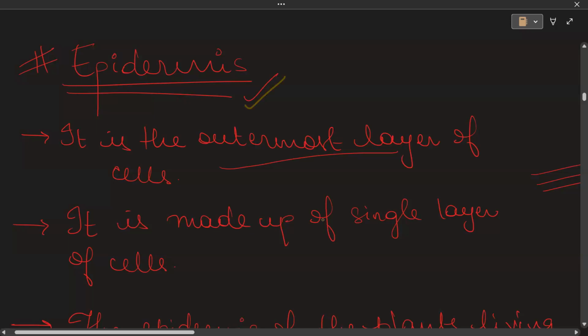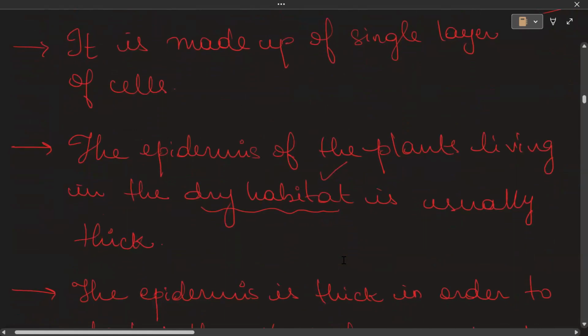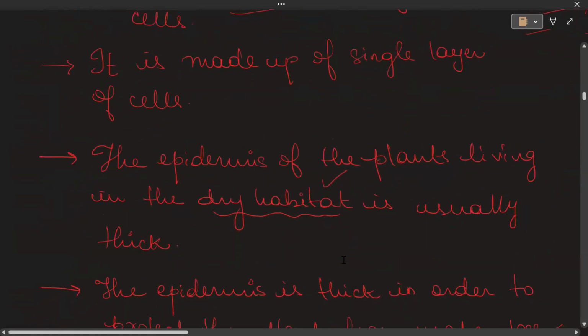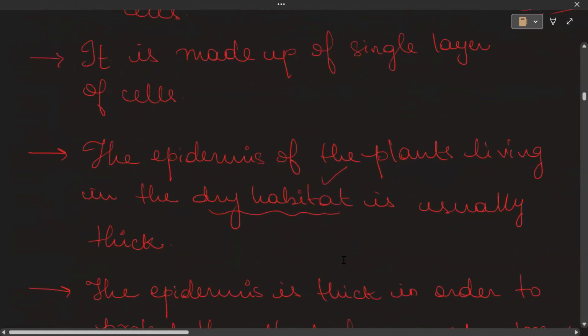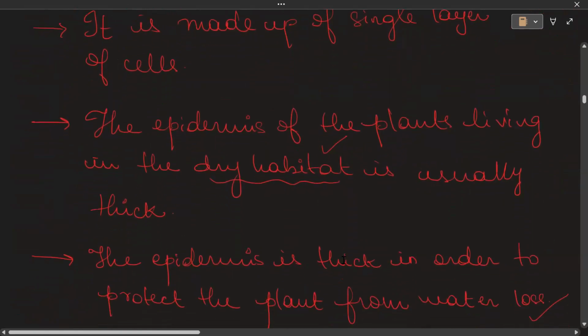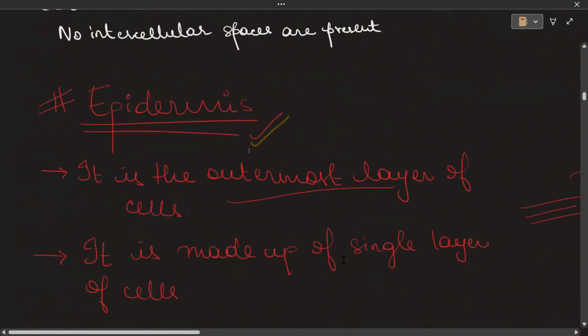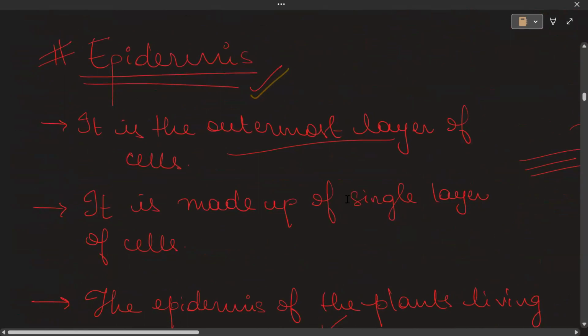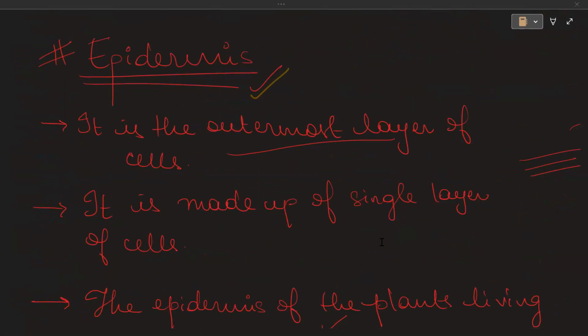This epidermis is made up of a single layer of cells. Since it is the outermost layer, it will be protective in function, isn't it? Yes, protective, right?